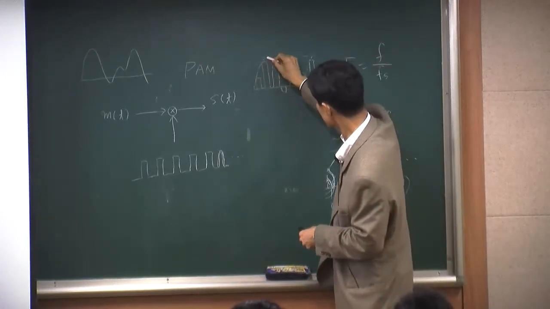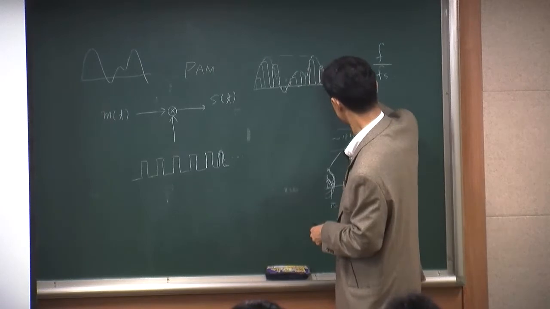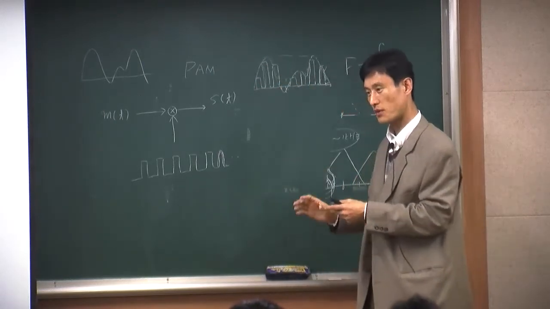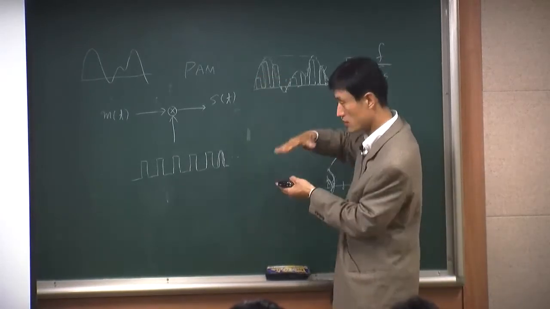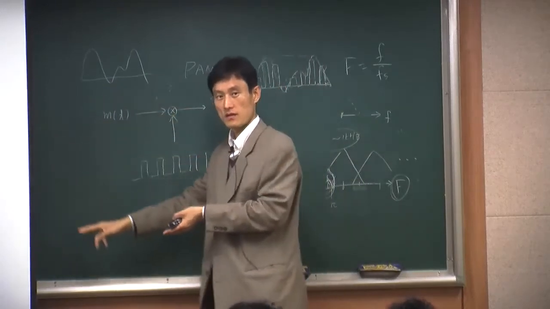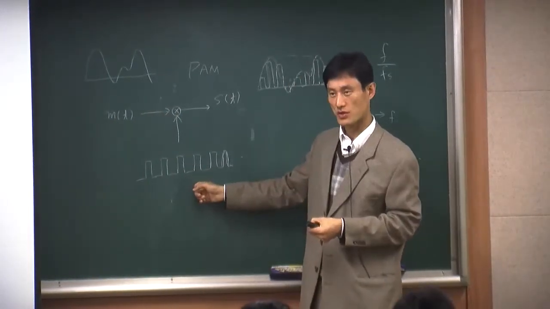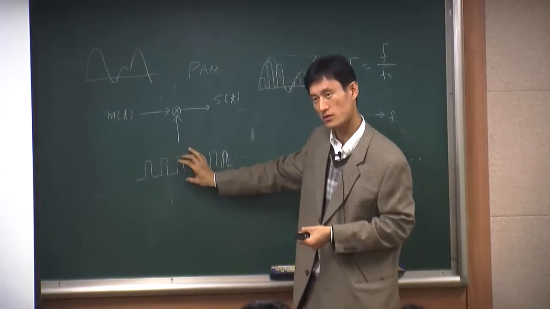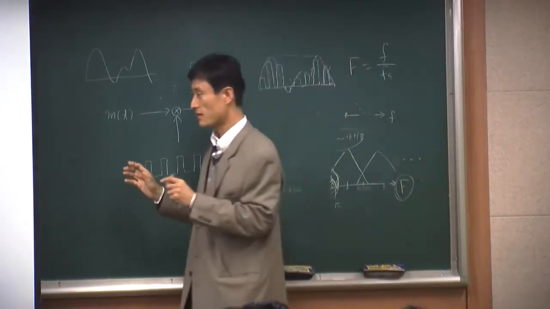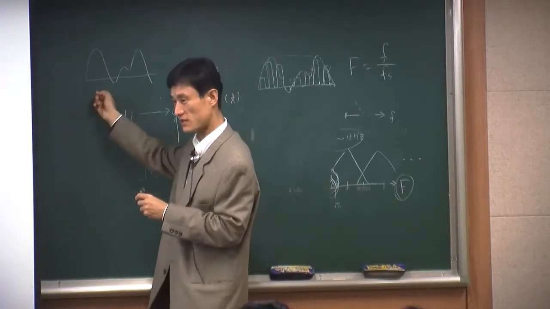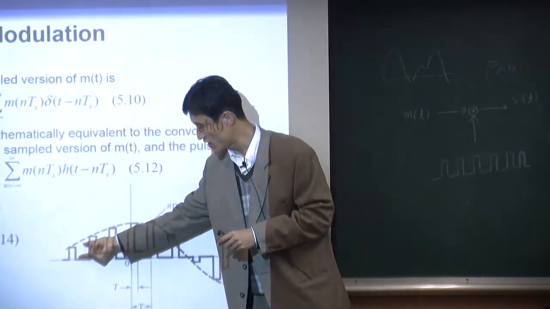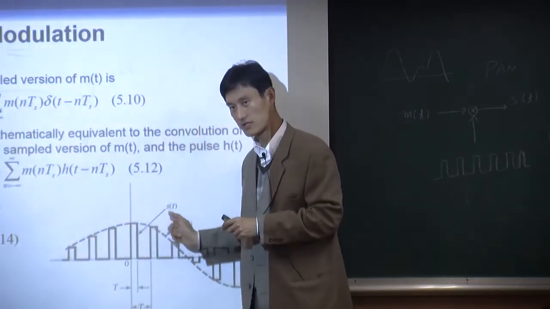So you still have the same envelope, but the actual signal you have is a pulse. But the amplitude of the pulse is now changed based on m(t). The carrier looks like a pulse train, and each pulse has equal amplitude because each one is the same pulse as a carrier. Multiply it by your message, and then your carrier changes its amplitude based on the message.